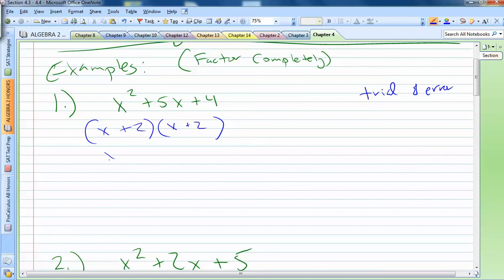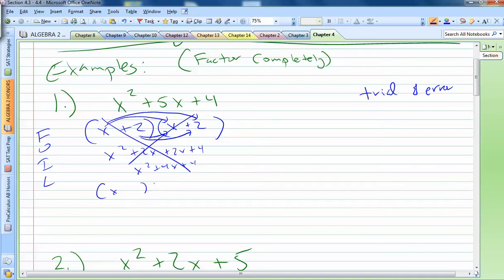But then if I FOIL it, remember FOIL is first, outside, inside, last, I would not get back to the original expression. I would get something that's a little bit different. So then you could say, okay, that didn't work.